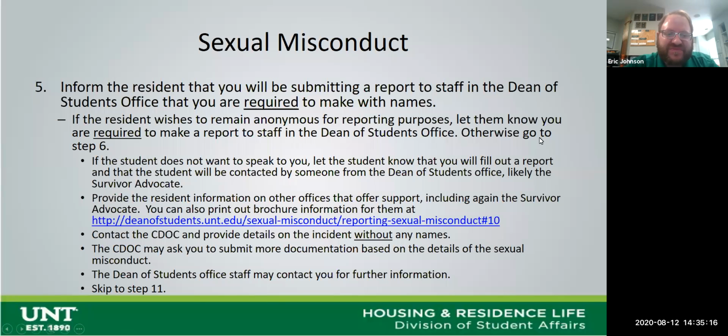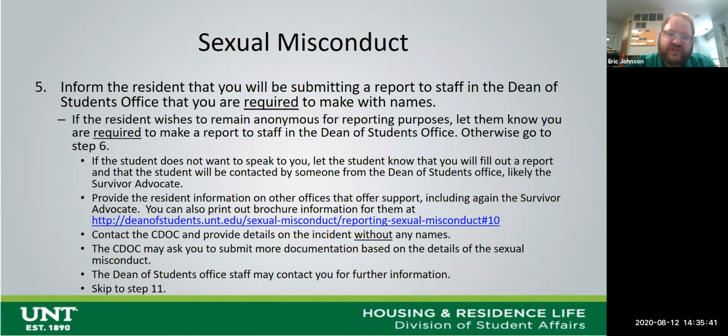Okay, so if the resident wishes to remain anonymous for the reporting purposes, let them know that you are required to make a report to the Dean of Students staff. Otherwise, you'll go to step 6. This can have a lot of situations that happen after you inform a student that you have to report.